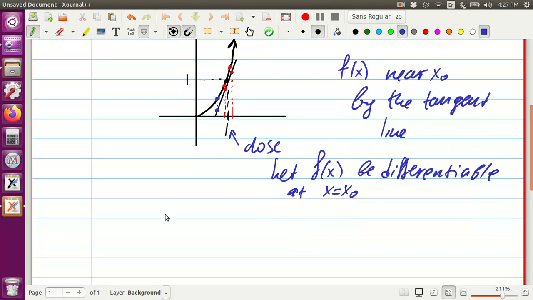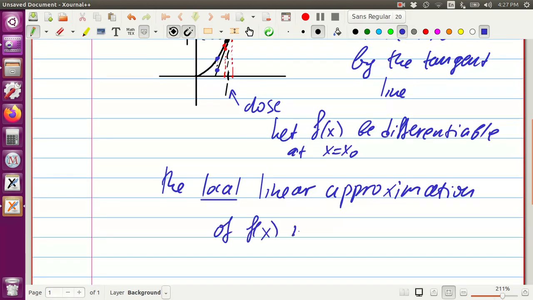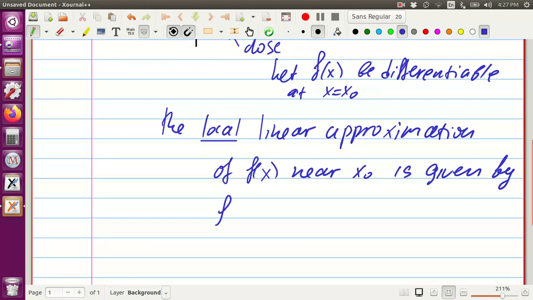Then the local approximation, let's say linear approximation, because we're going to use a linear function, of f of x near x sub 0 is given by f of x approximately equal to, and here we have to put the tangent line.